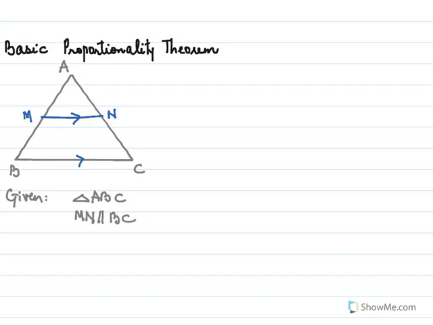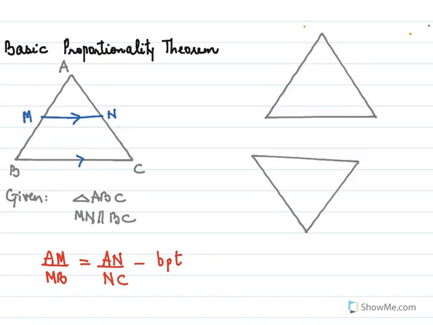Then by BPT we can say AM over MB is equal to AN over NC. This is called the BPT, Basic Proportionality Theorem.